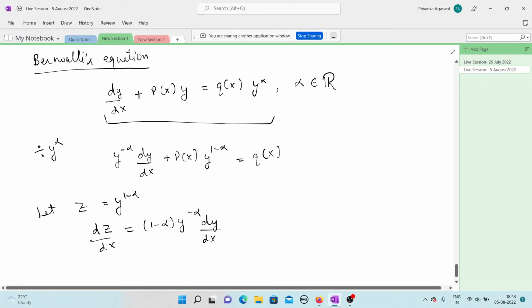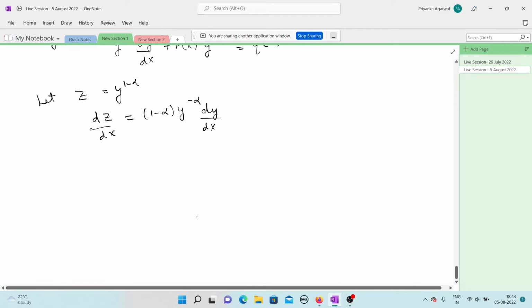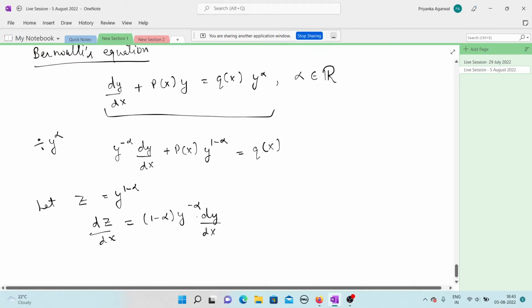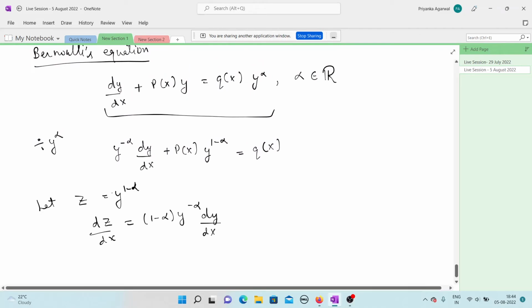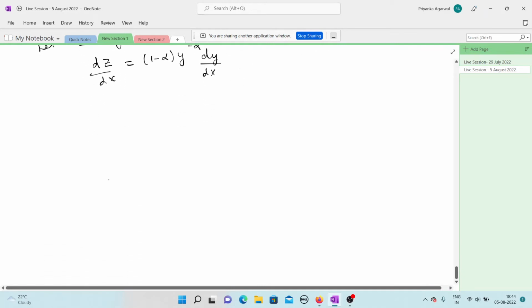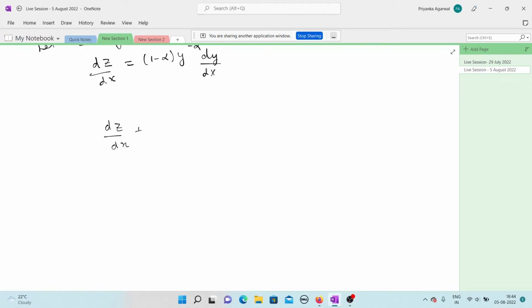So when you make this substitution of z equals y to the power 1 minus alpha, this equation takes the form dz over dx plus 1 minus alpha times p(x) into z equals 1 minus alpha times q(x). And this is now the linear first order equation.